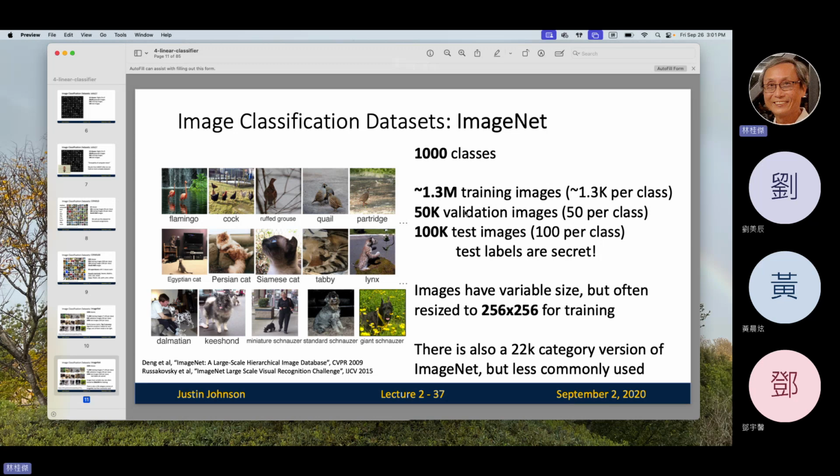And after that, now we have the ImageNet. The ImageNet again is 1,000 classes, and you have so many training pictures. The images have different, variable sizes, but often they are converted to 256 by 256 for training.